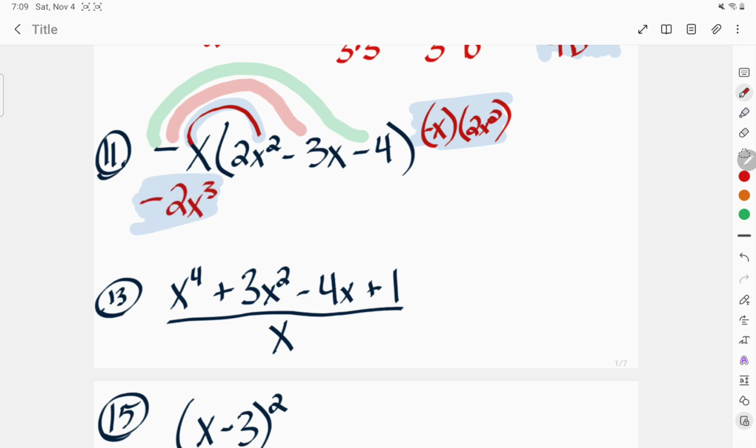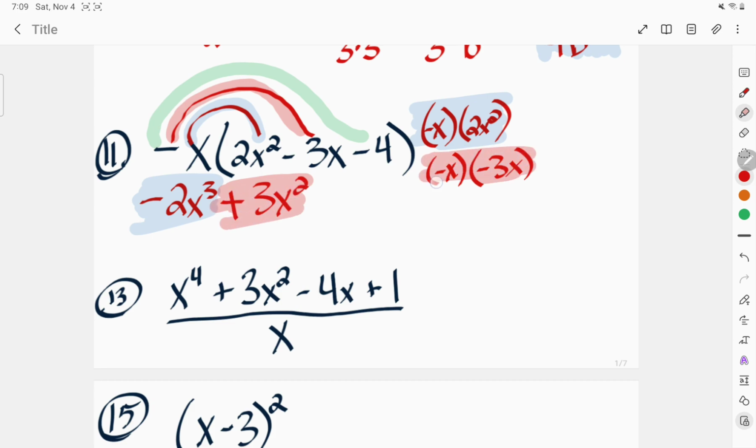All right, so then the next one is negative x times negative 3x. So you have negative x times negative 3x, which is going to give me positive 3x squared. Okay, and then I would multiply the last one.